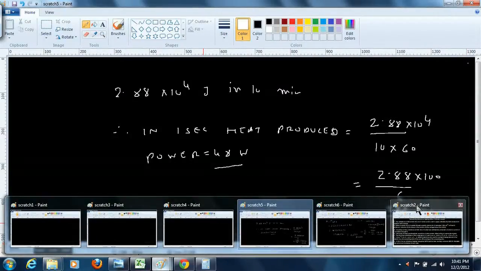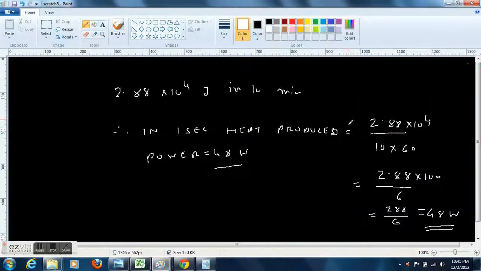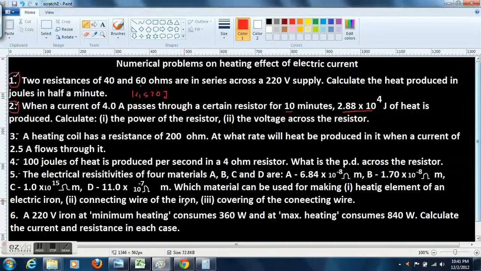Now let us see what is the second part. Second part is the voltage. Okay. Now we need to use another formula, that is P equal to V into I. Now we have the power.